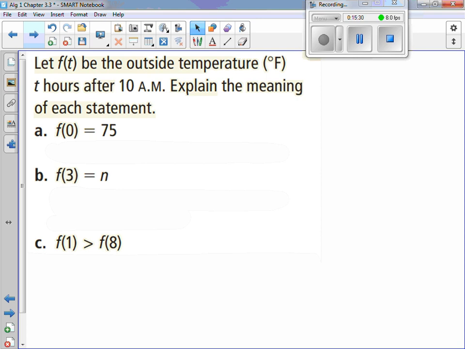Let f of t be the temperature outside in degrees Fahrenheit, t hours after 10 a.m. Explain the meaning. So at f of 0, how many hours after 10 a.m. are we? None.